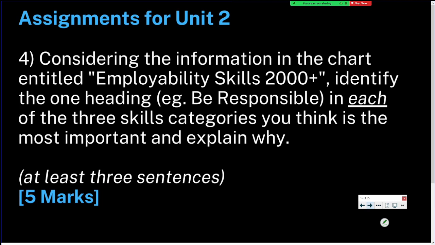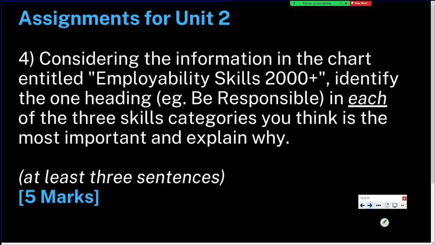All right, so let's delve into our assignments. These are the unit assignments for Unit 2. So Unit 2 lessons. Number 4 is considering the information in the chart entitled Employability Skills 2000 Plus. And you can find that in The Road Ahead.